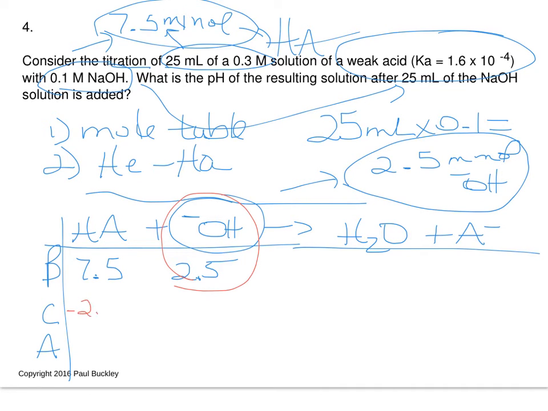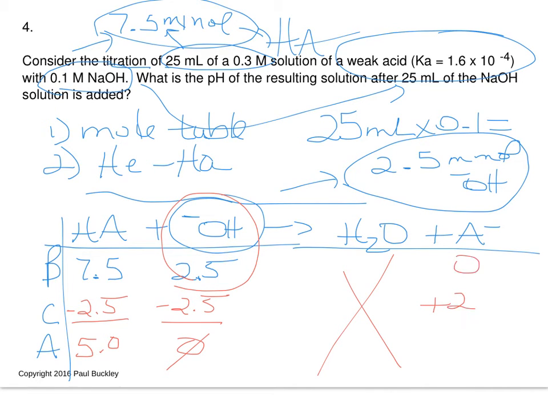It all reacts. So you have 5 millimoles of the weak acid left. Of course, all the OH is gone at this point. And we forget water, it's a liquid. And you have created 2.5 millimoles of its conjugate base. All right, that's step one.